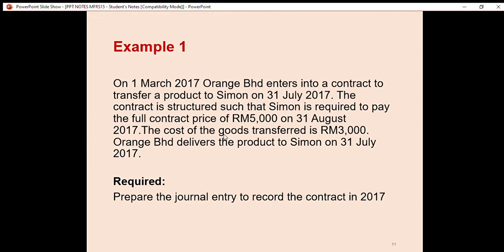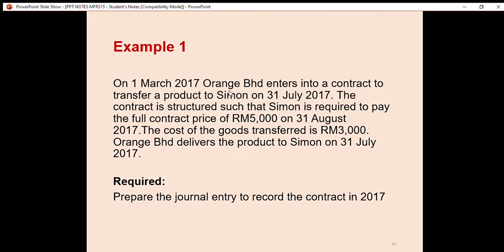Orange Berhad delivers the product to Simon on 31st July 2017. So in this situation, the seller, Orange Berhad, signed a contract with its customer Simon on 1st March 2017 to transfer a product on 31st July 2017.